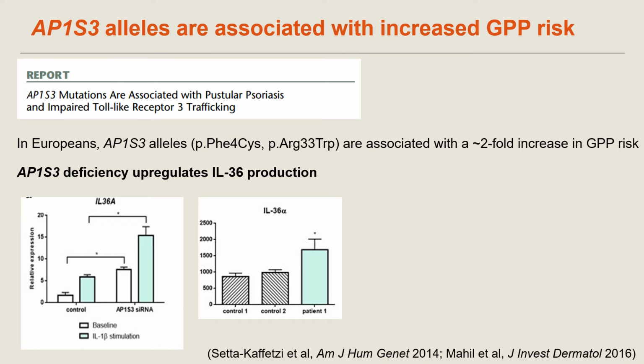And then in the panel on the right, this is data obtained in patient cells, where patients that carry this AP1S3 allele, the production of IL-36 cytokine is again higher compared to control. And so we think that AP1S3 alleles can increase your disease risk by increasing IL-36 production.